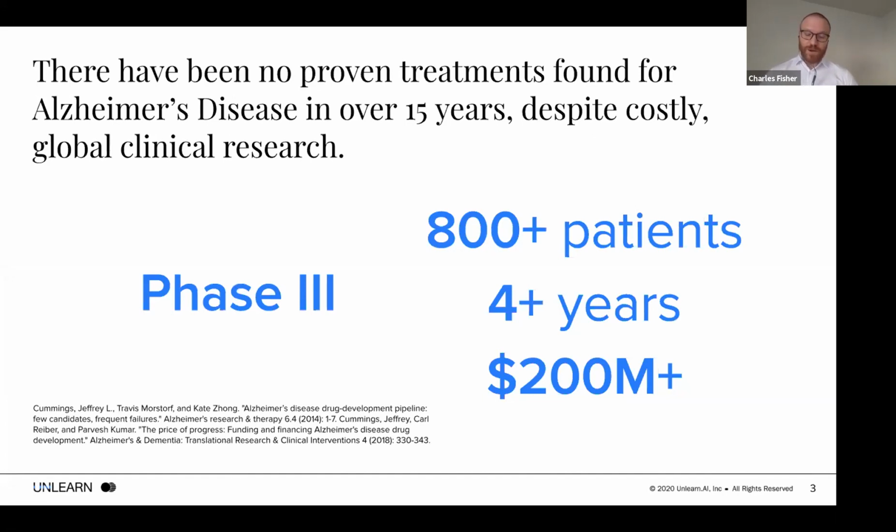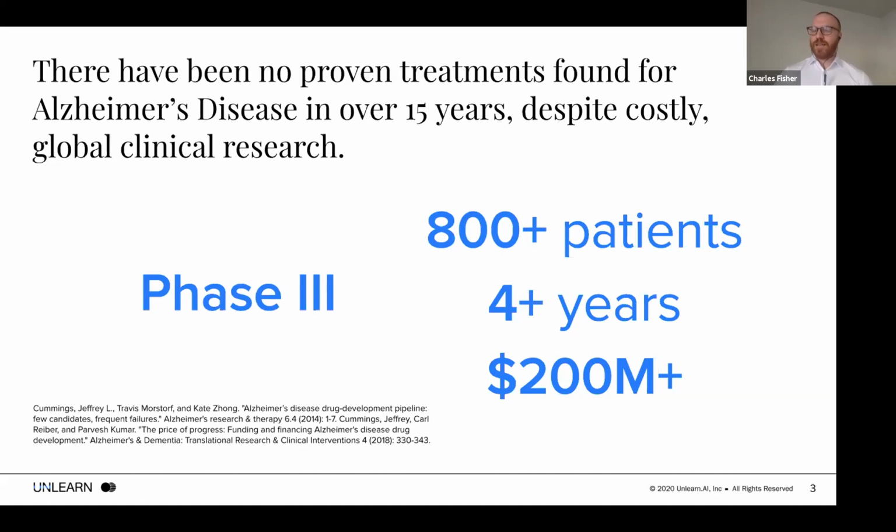And despite all of these patient volunteers, all of their time, all of the time of the researchers and the investment from pharmaceutical companies to run these trials, there hasn't been a new approved treatment for Alzheimer's disease in over 15 years. And of course, we'll find out more information on that soon.